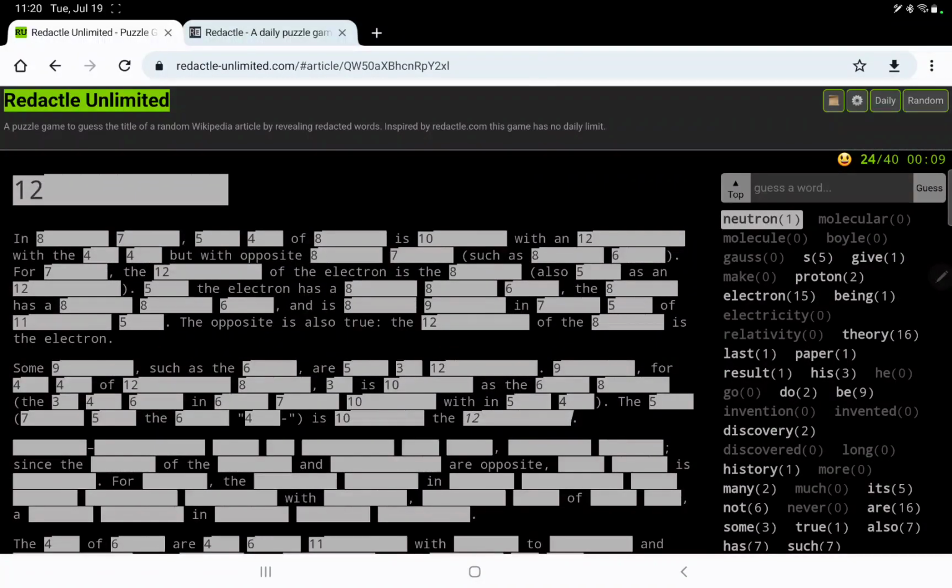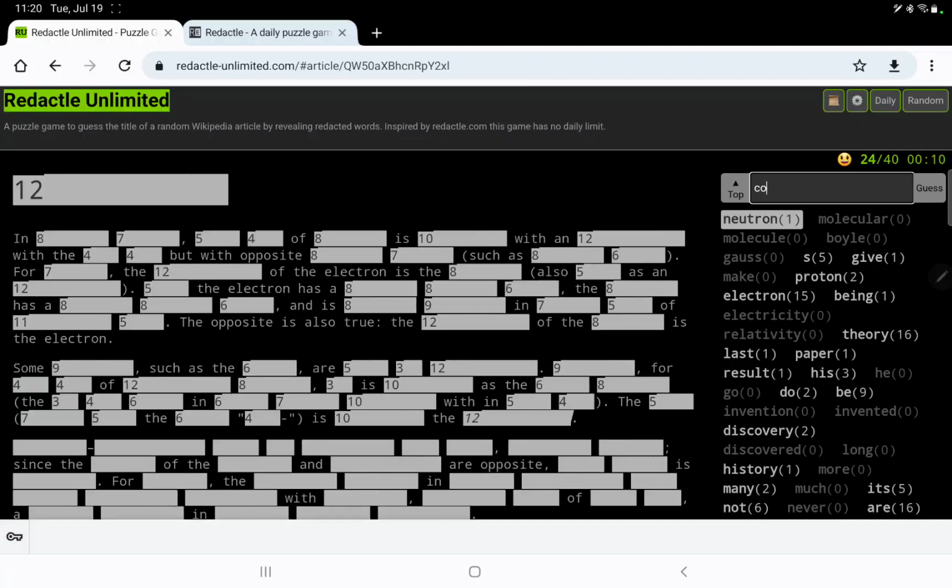Okay, now, let me go back to the start. So we do have electron in the first paragraph. The something of the electron is the something. For some reason I'm thinking coefficient, but that's mathematics, right?